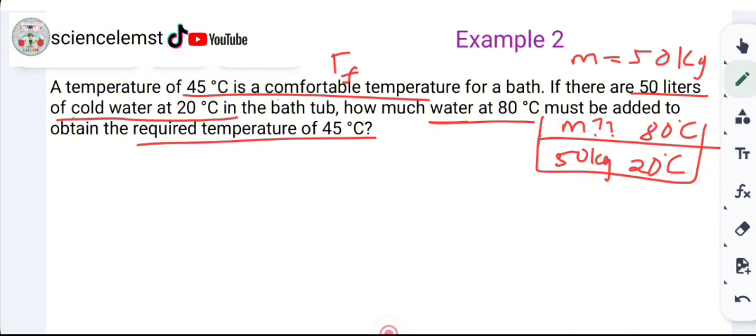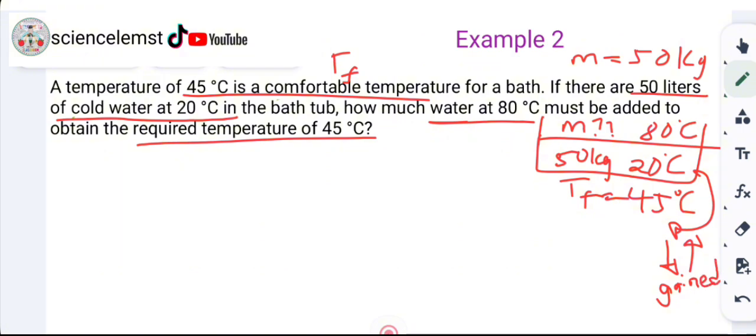Once these two come into contact, when the hot water and the cold water come into contact, I know that the final temperature of the mixture is going to be 45 degrees Celsius. So it means I moved from a 20 to a 45. What happened? The initial temperature was low and the final temperature was high. Did I lose or did I gain? I gained. So it means the cold water gained.